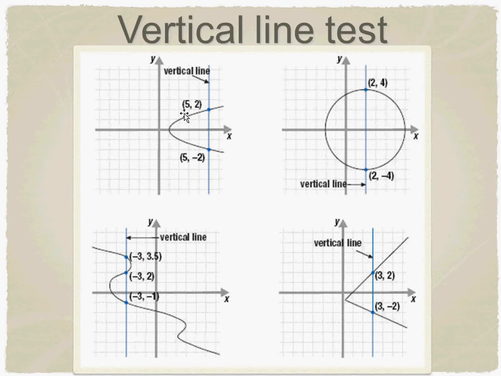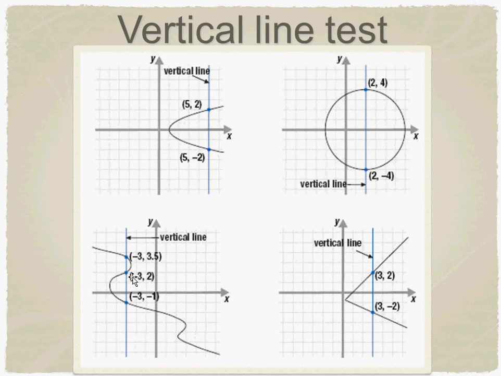The value in the domain 5 is paired with two different values in the range of 2 and -2. And you can see the same thing over here. When I draw the vertical line, two different ordered pairs on the relation touch that vertical line, proving that this relation is not a function.